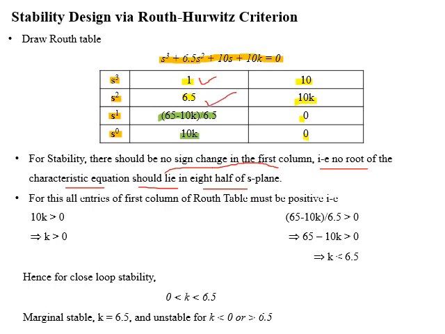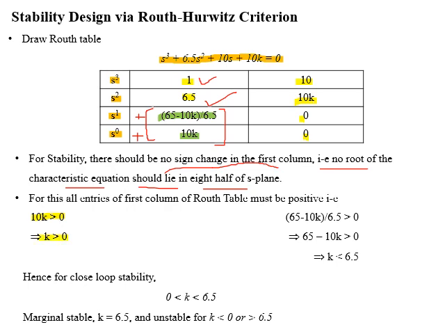In third row we have 65 minus 10k divided by 6.5, and in last row we have 10k. Now for stable operation, these both terms must be greater than 0, and we will get 10 multiplied by k greater than 0, which means that k will be greater than 0.